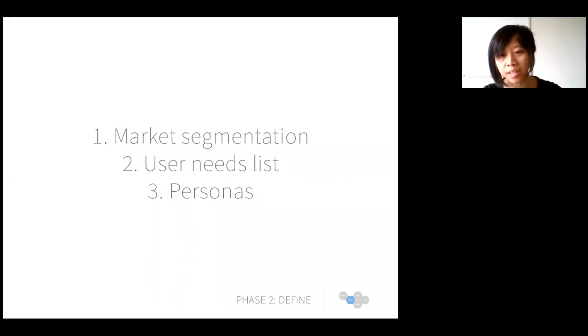For market segmentation, you really want to look at whether there are enough patterns within your user base to start breaking them apart into segments. For example, if I'm targeting users who are blind, I may say people who were born blind versus people who became blind later in life are 2 different groups of users with different behavior patterns.